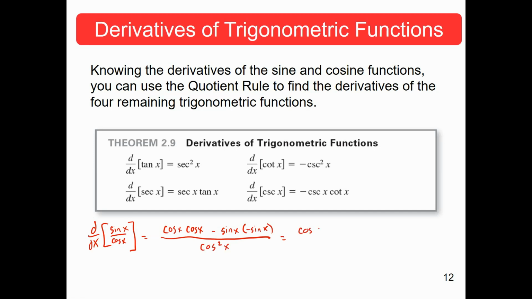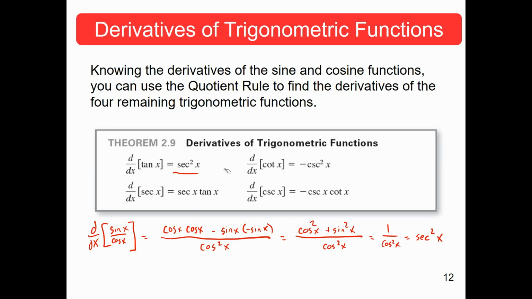Well, this is just cosine x squared plus sine x squared over cosine squared x, which is 1 over cosine squared x, which is secant squared. Secant squared. So, not too bad.